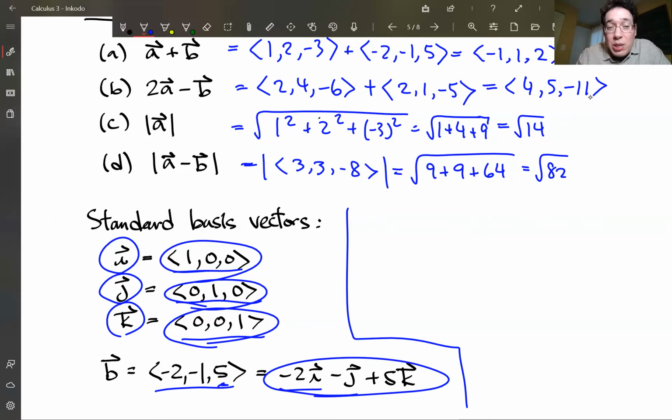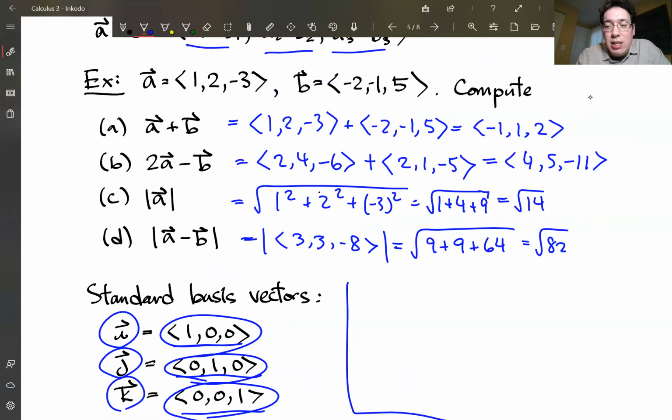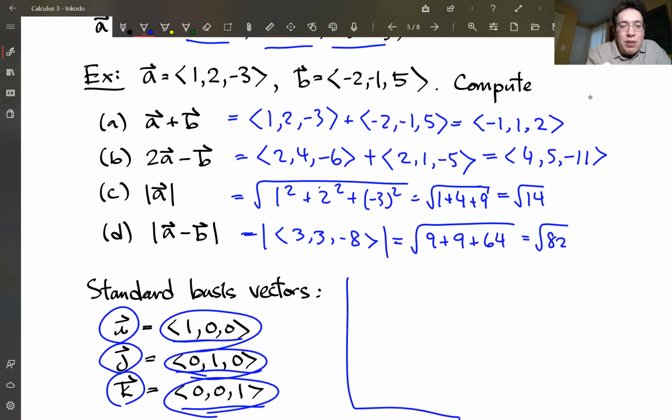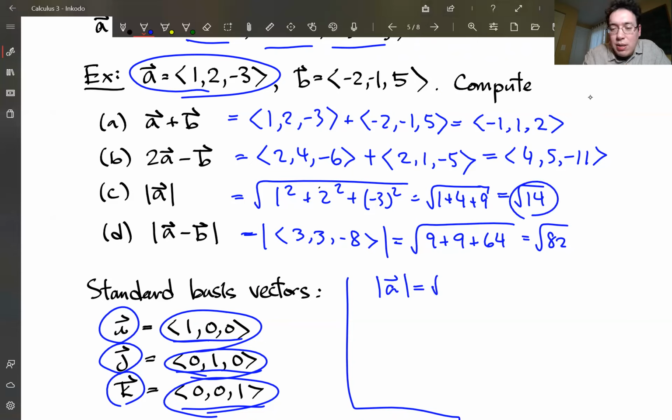We could do that by rescaling it by the magnitude. So if I had a vector A, but wanted it to be length 1 instead, we could first compute the length of that vector, which we already did, square root of 14.